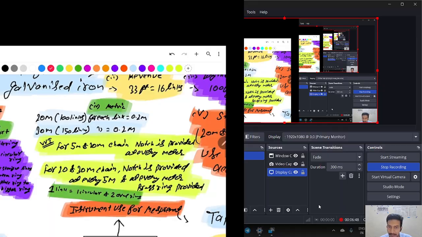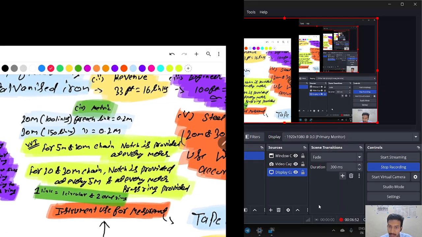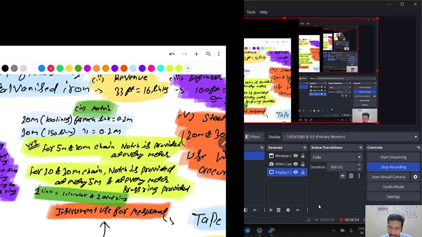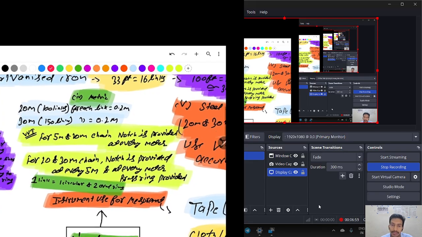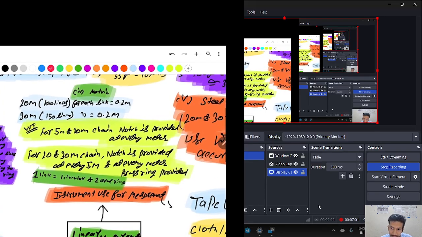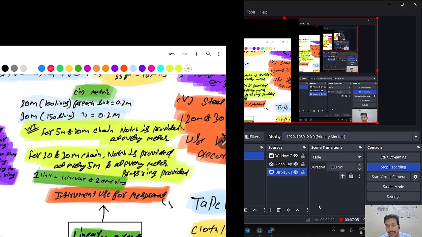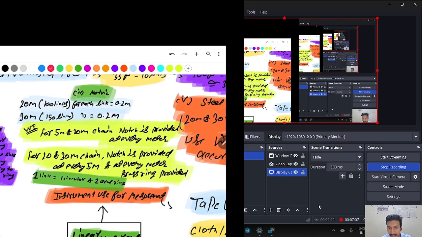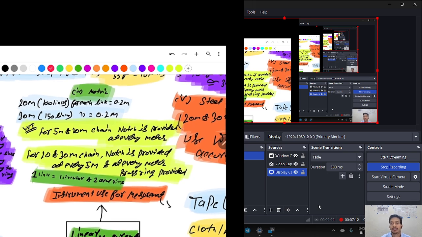VVI, very important. For 5 meter and 10 meter chains, a notch is provided at every meter. For 20 and 30 meter chains, a notch is provided at every 5 meter, and at every meter a brass ring is provided.